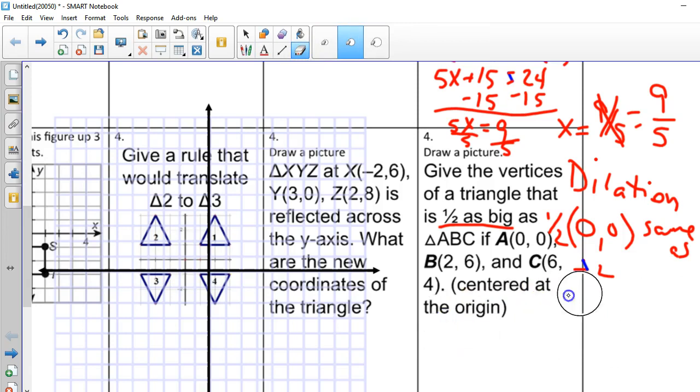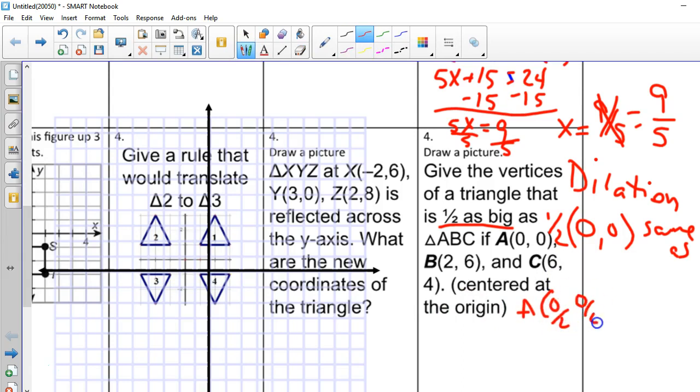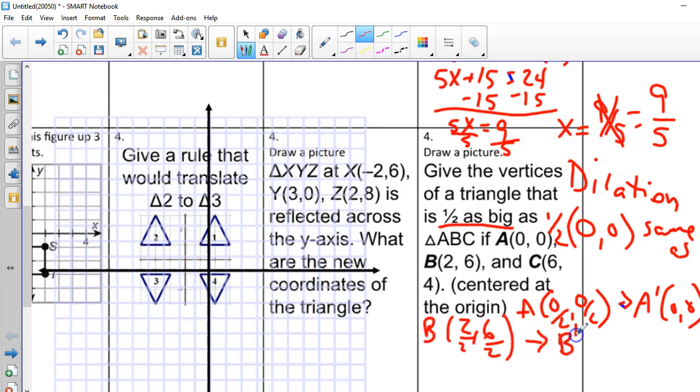Let's rewrite this. So A at 0 divided by 2, 0 divided by 2 produces A prime at 0, 0, and B, which is at 2, 6, divided by 2, divided by 2, becomes B prime, which is 1 and 3, and C, which is 6, 4, divided by 2, divided by 2, or multiply by 1/2, same thing.